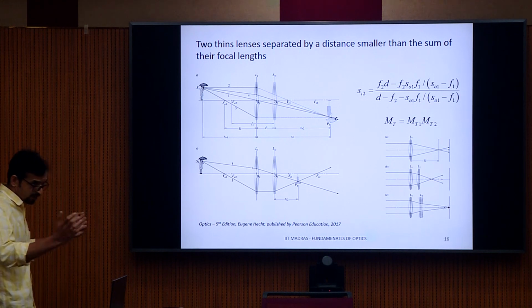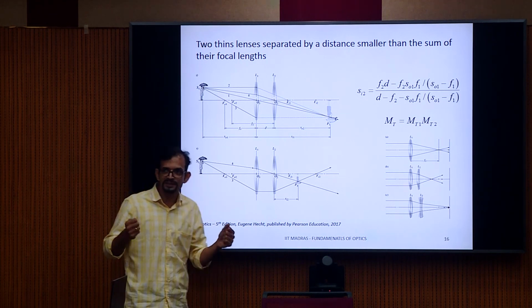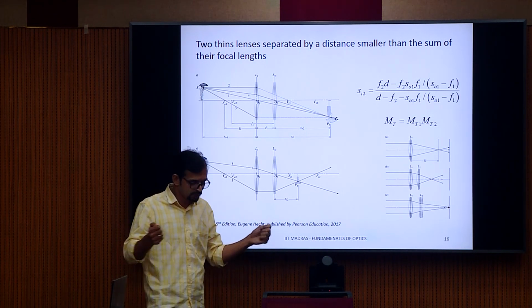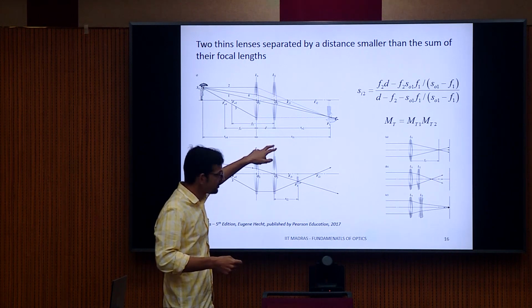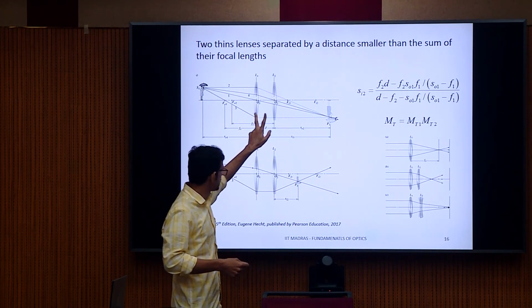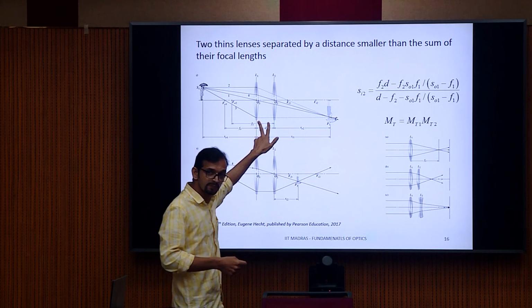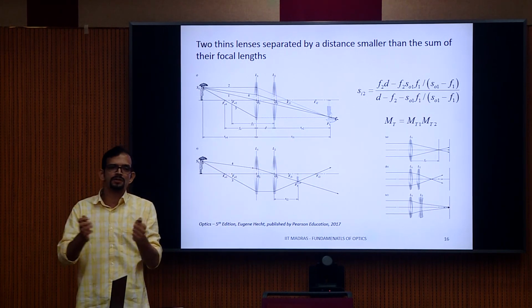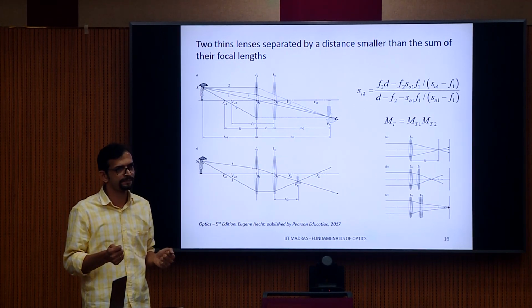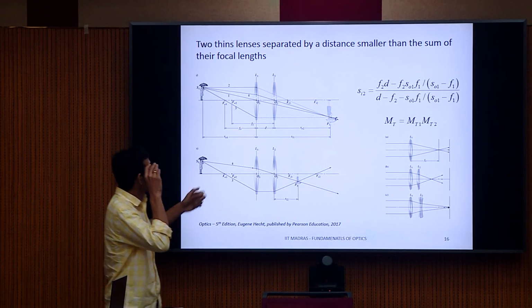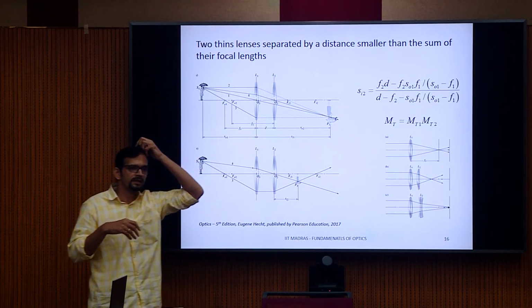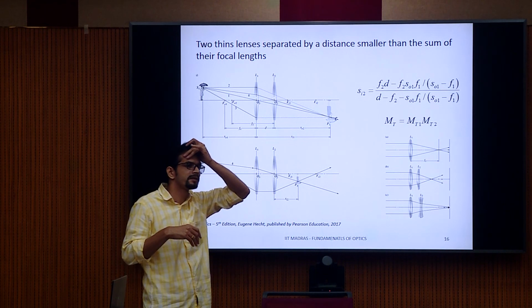So then let us try to combine, because till now we were discussing single lenses, right? Let us put them together. In this scenario, we put these lenses in such a way that the distance between the two lenses is shorter than their focal lengths. So no effective intermediate image is formed, right?